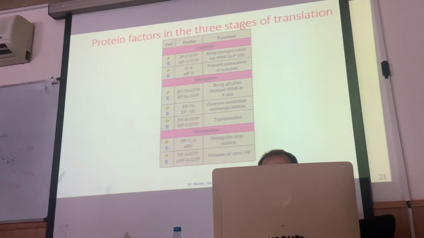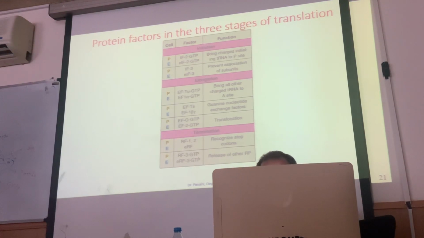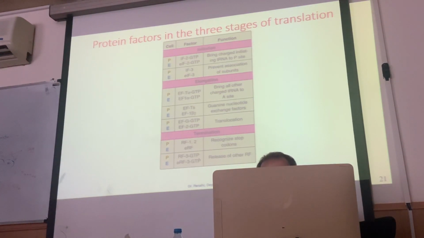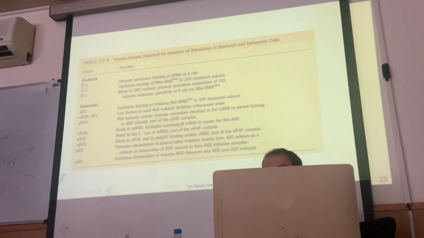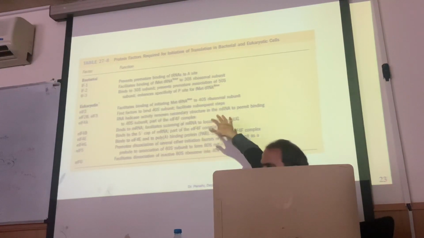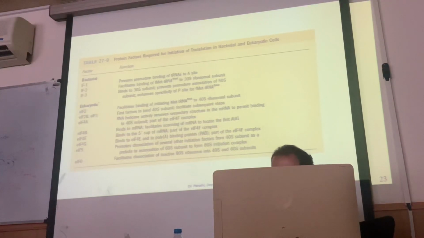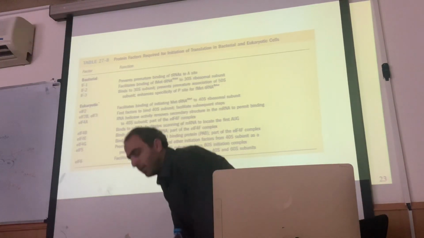They are the initiation factors, elongation factors, and release factors, and they function in both eukaryotes and prokaryotes. Again, in this table and that table, we have the function of the initiation factors, which I mentioned.